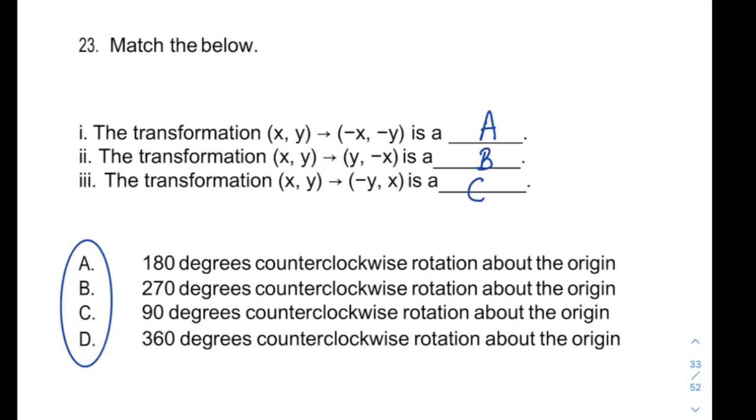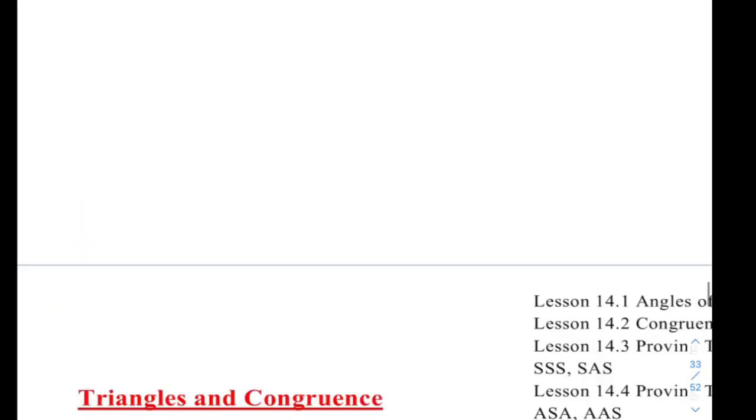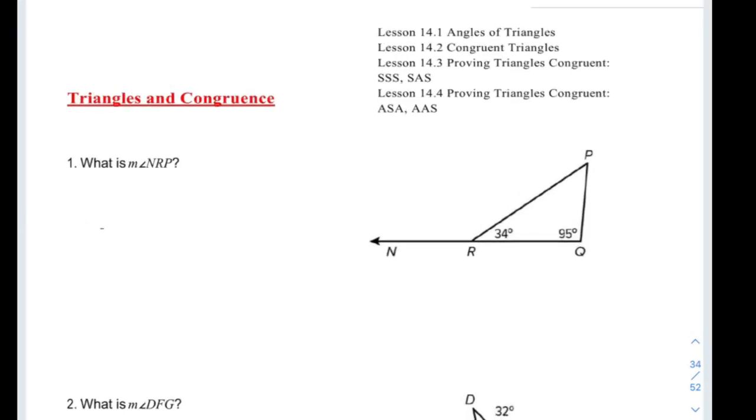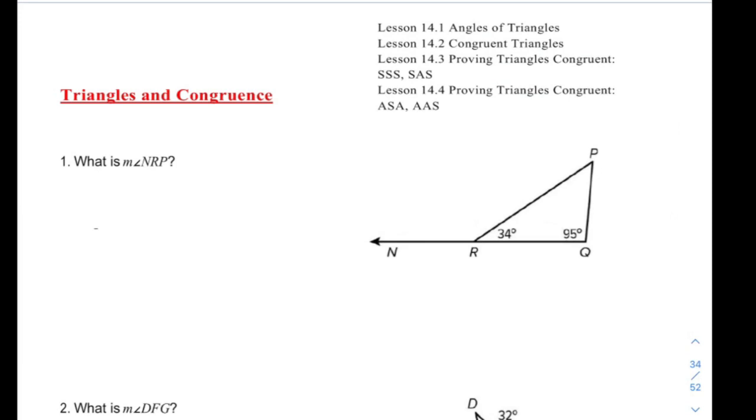Okay, now moving to the last part, which is here, the part related to triangles and congruence. In this part, we are going to revise 4 lessons. The first lesson related to angles of triangles, second, congruent triangles, then proving triangles congruent by SSS, SAS, then ASA, AAS.